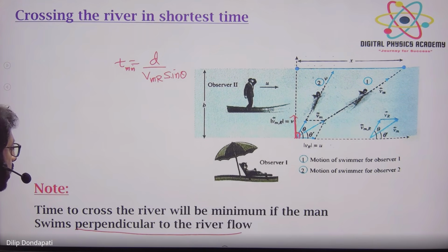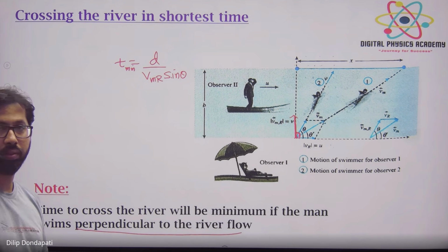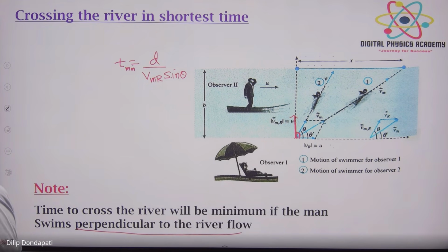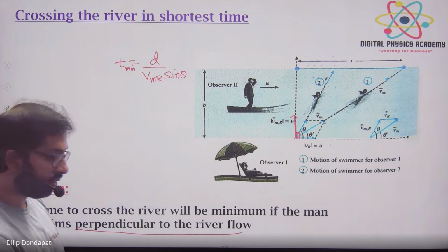Time to cross the river will be minimum if the man swims perpendicular to river flow. Understood?